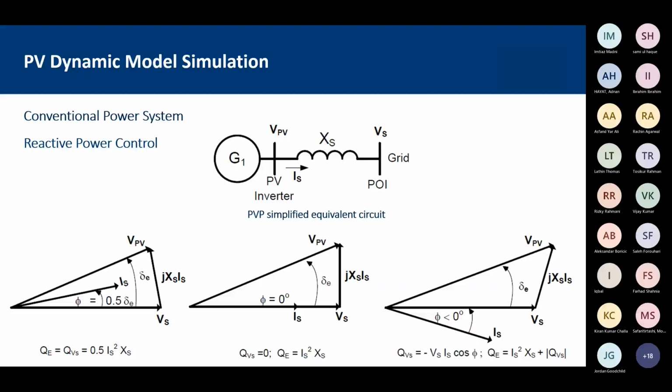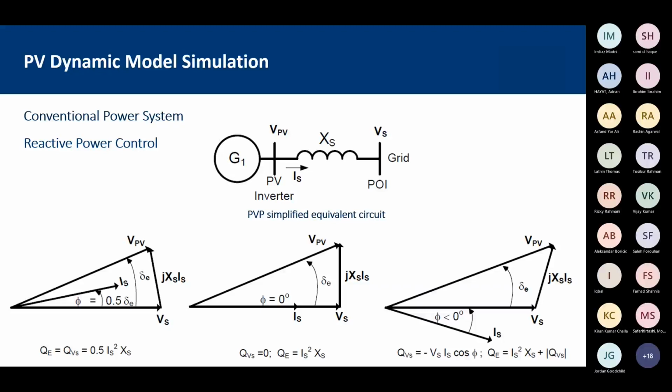In a conventional power plant, we obviously have synchronous generators. We are mostly worried about certain parameters: we need to control the output of the generator, and then we need to control the voltage magnitude.